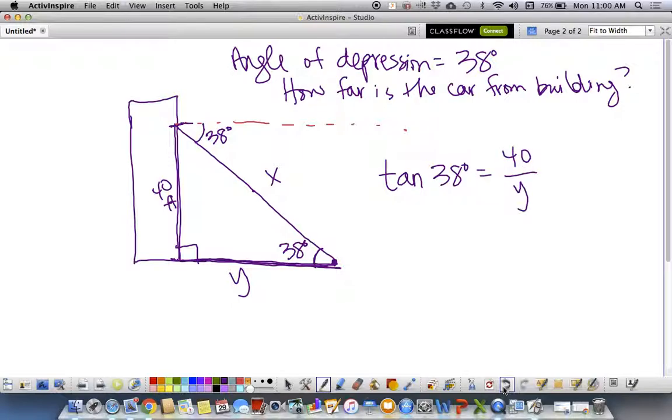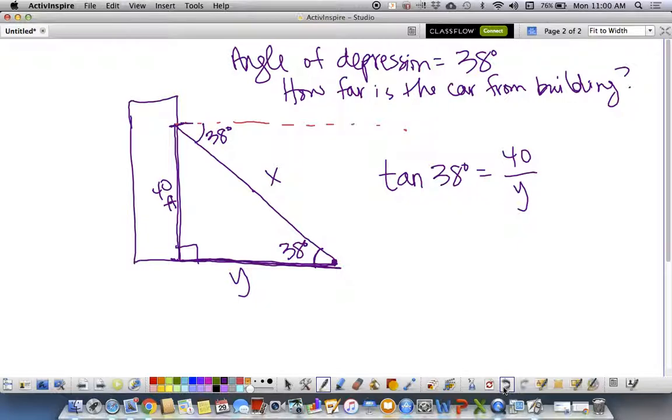Wait, can you do it another way? There's 12 different ways to do that. So, from this equation, can you solve for Y?